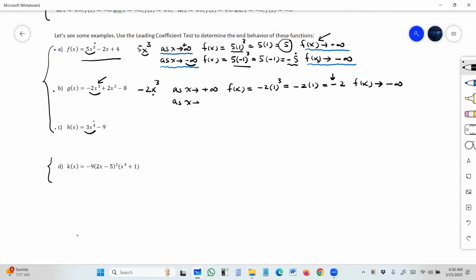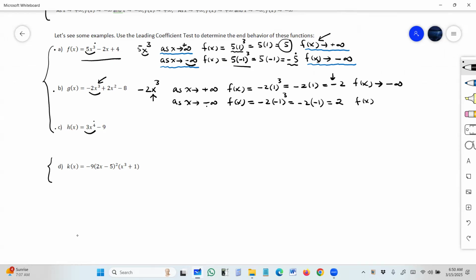As x goes to negative infinity, f of x equals... I am going to replace x now with negative 1, right? So negative 2 times negative 1 to the third power. And then I evaluate it. Negative 1 to the third power is just negative 1. And negative 2 times negative 1 is positive 2.